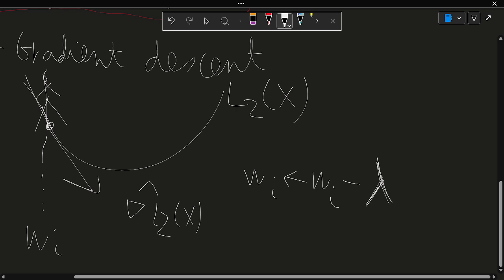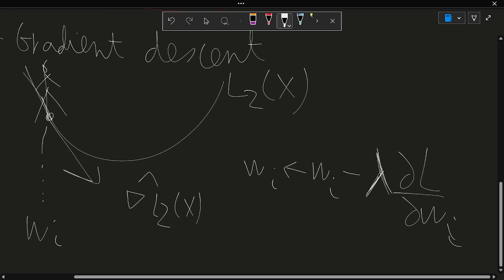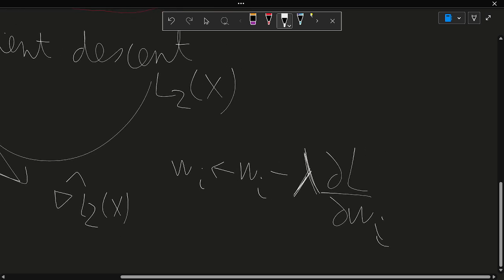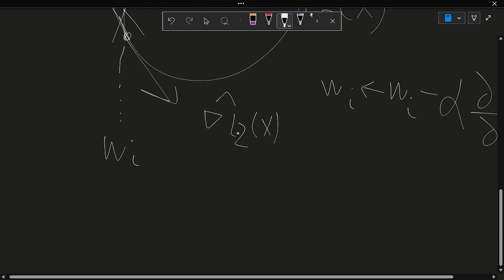A value lambda times the loss with respect to the Wi, right? Usually people use alpha, actually, and it's called the learning rate. But that's basically the idea.